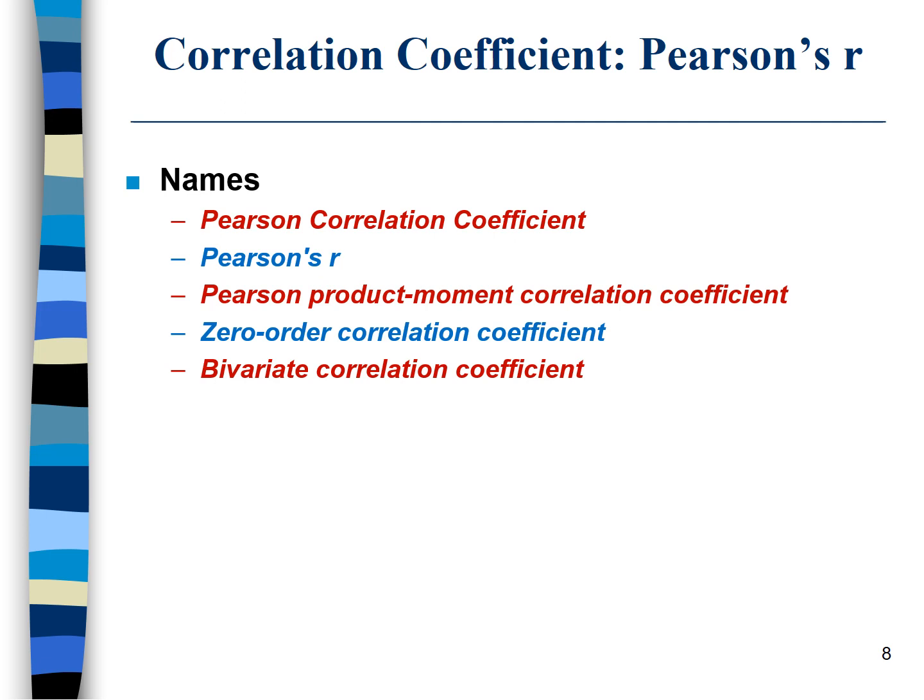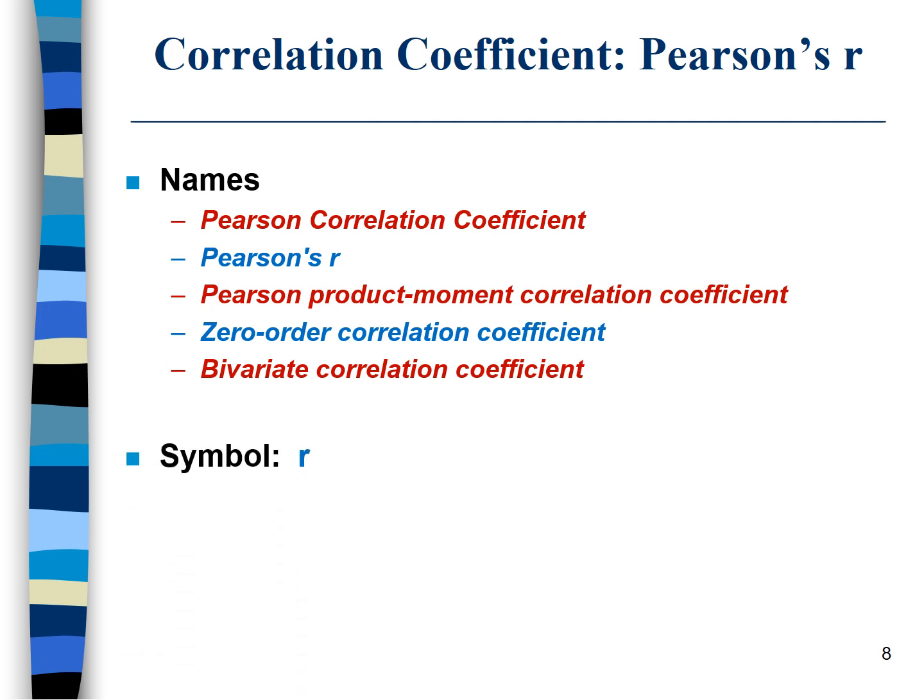So the correlation coefficient that we use as statisticians is known as Pearson's R. Pearson's R goes by many names: the Pearson correlation coefficient, Pearson's R, the Pearson product moment correlation coefficient, the zero order correlation coefficient, the bivariate correlation coefficient, right? So there's a lot of names, but they all refer to Pearson's R.